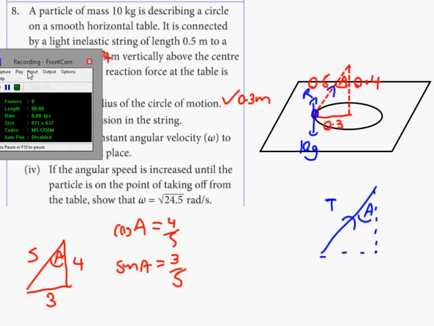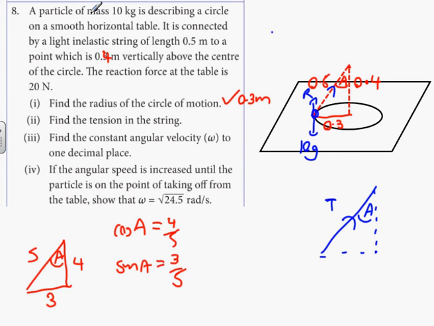A particle of mass 10 kilograms is described in a circle on a smooth horizontal table. So it's this one down here. It's on the table circling, and this point up here is like the point that causes the force. So that's 10 kilograms, and that's your hand moving it around.